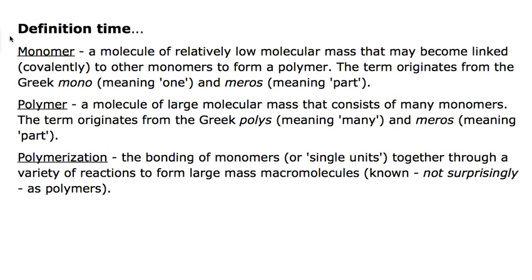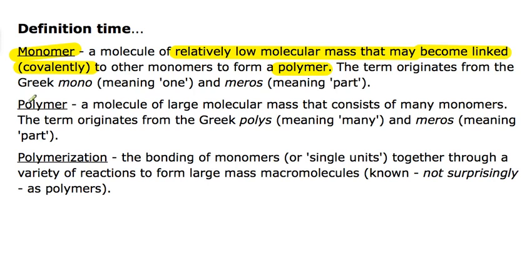So, a few definitions to start with. Pretty straightforward. A monomer, this is what makes up polymers. They're typically relatively low molecular mass molecules. And they get linked covalently, so it is covalent bonding, and when you link enough of them, you get a polymer.